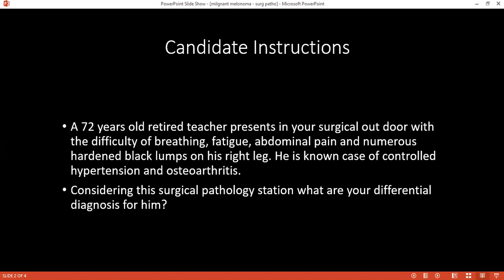It's rare, non-pigmented, and occurs on sun-exposed areas. Okay, can you describe what is epithelioid melanoma? So epithelioid melanoma is a melanoma arising from the epithelioid cell. It is also one rare melanoma.